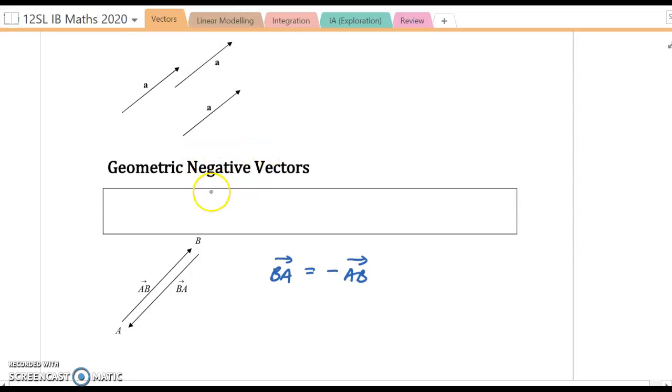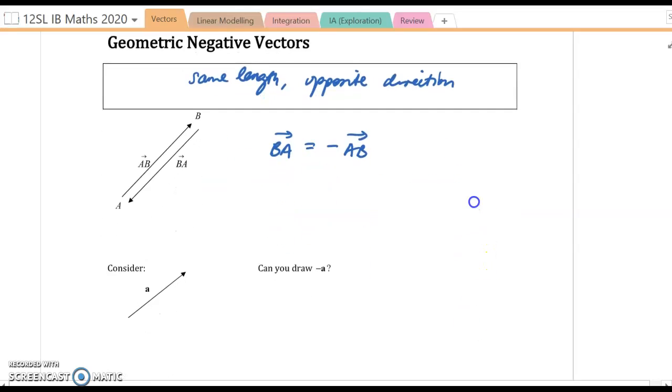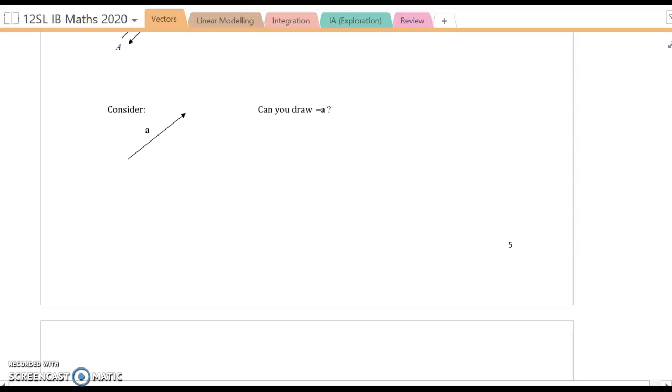So geometrically, negative vectors have the same length, opposite direction. Excuse my messy handwriting. Now for that example, that's A, so copy and paste it, opposite direction, that's negative A. Done.